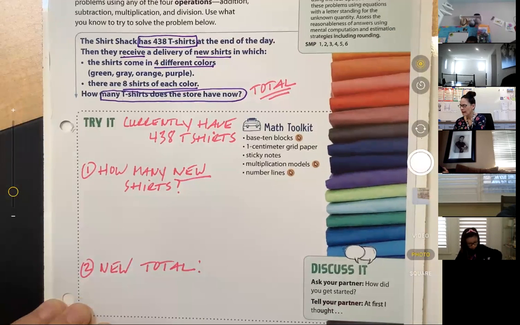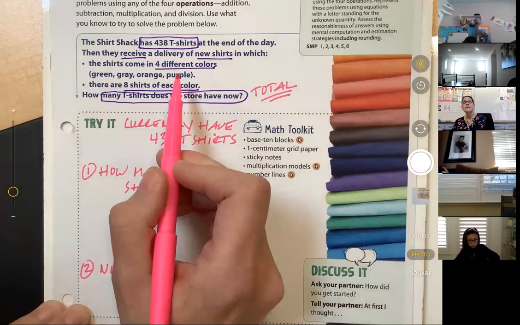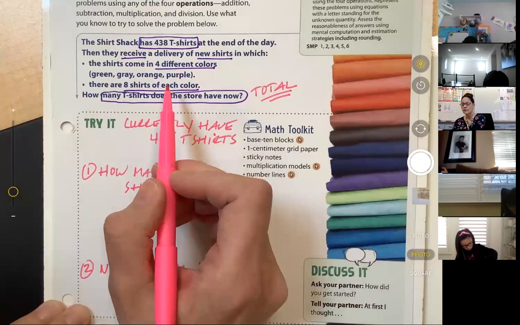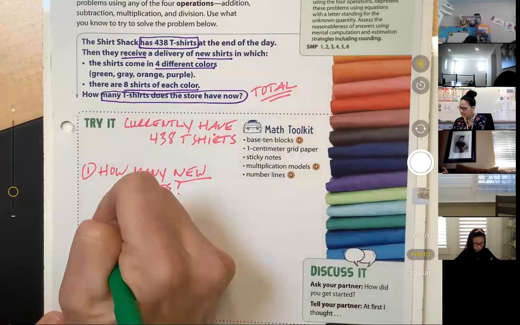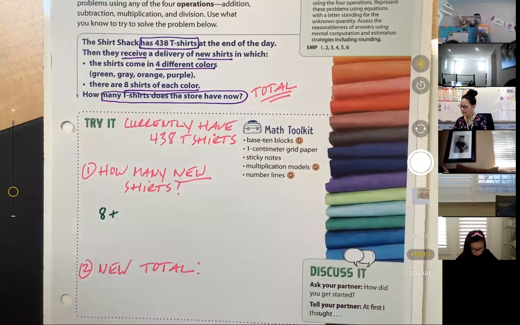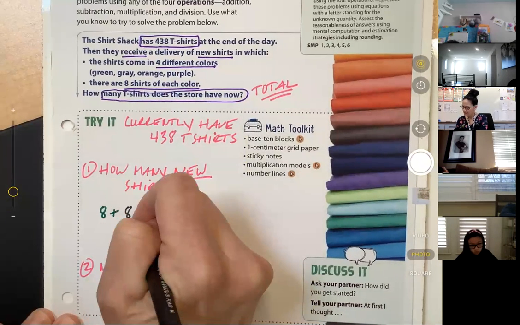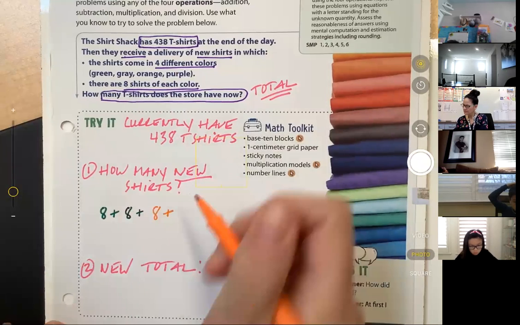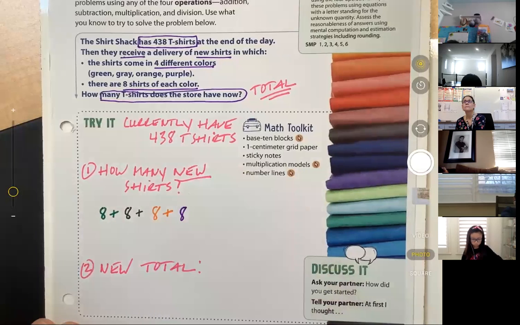So step 1, how many new shirts? Well, the question tells me that. 4 different colors, 8 in each color. So how many new shirts? I have 8 green, and then I have 8 gray, and I have 8 orange, and I have 8 purple.